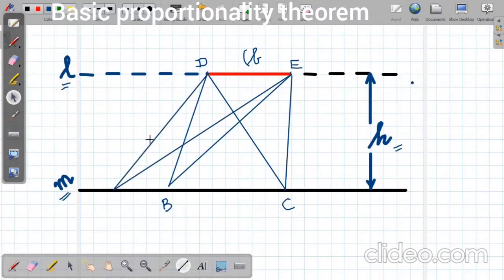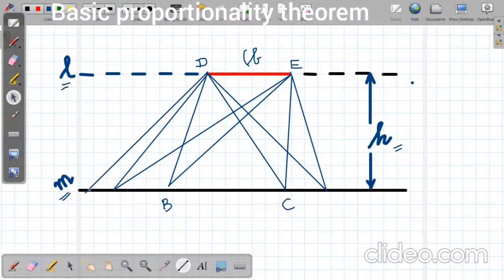So how many triangles have we made so far? Nearly 4. We shall make a few more also. Okay, we made nearly 5 triangles. Do you know that the areas of all these triangles are the same?